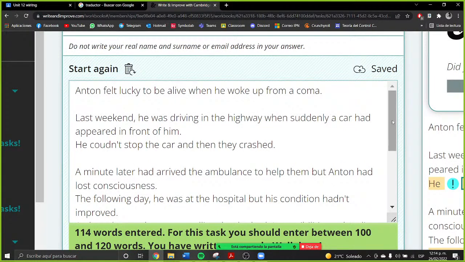Me dicen cuando le baje. Okay. ¿Ya le bajó? No, wait.